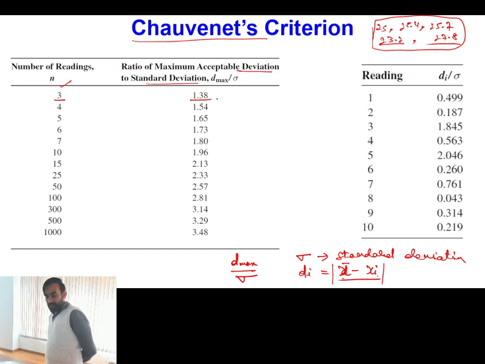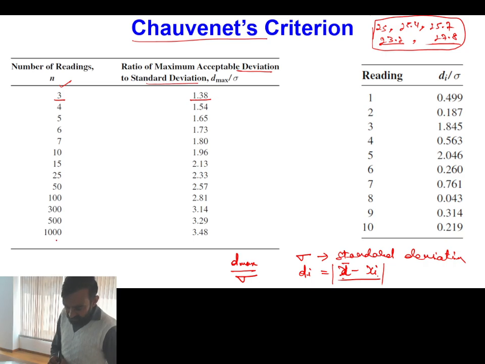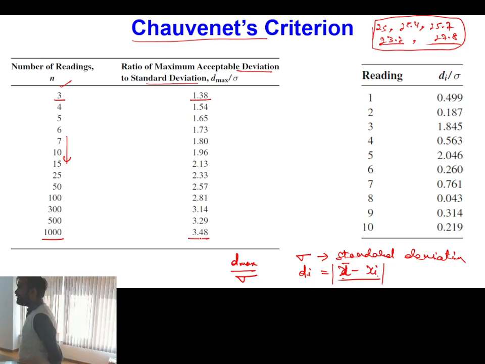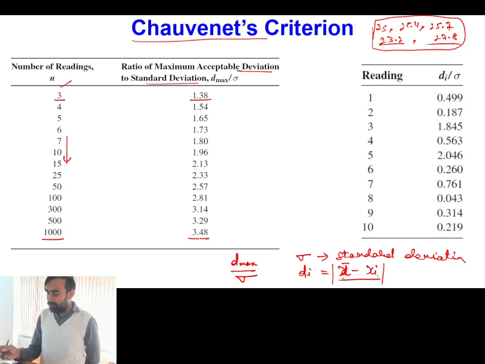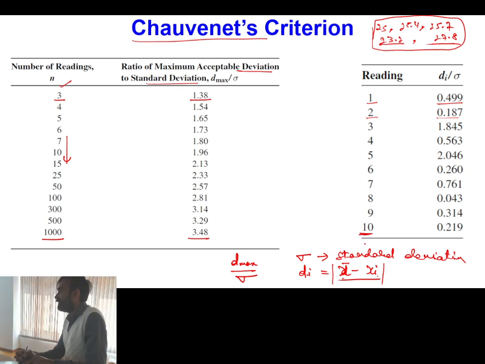Is this point clear? So likewise, you can see that when the number of readings increases, the limit of allowable deviation also increases. Okay. So here you can see one example. For example, this is reading number 1 where deviation di by sigma is 0.499, reading number 2 where it is 0.187, and likewise we have 10 readings.